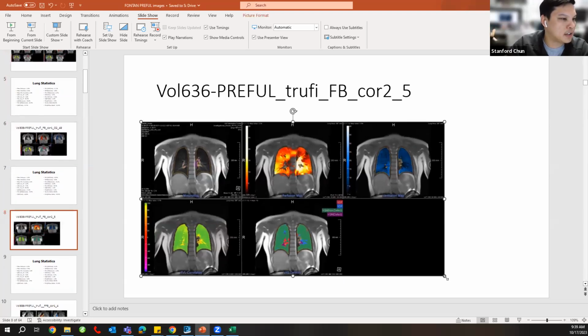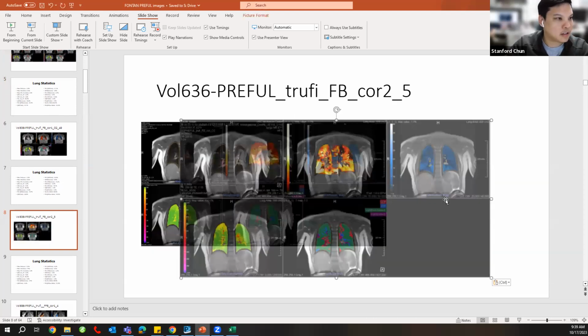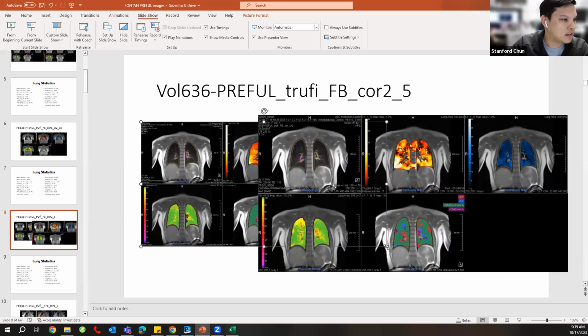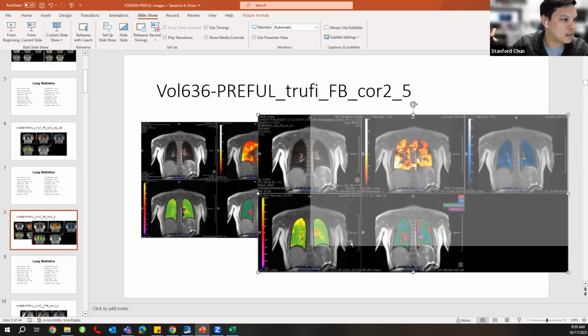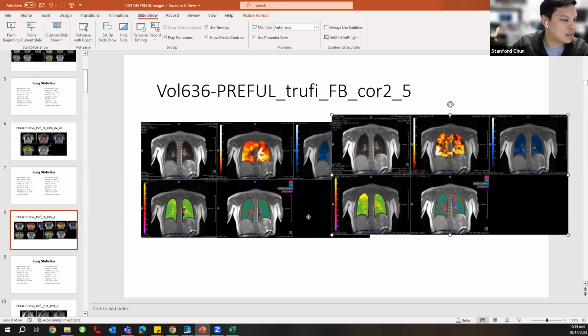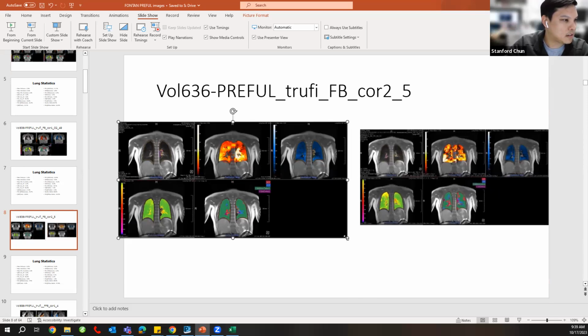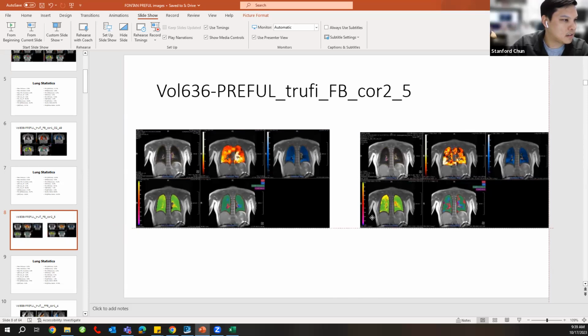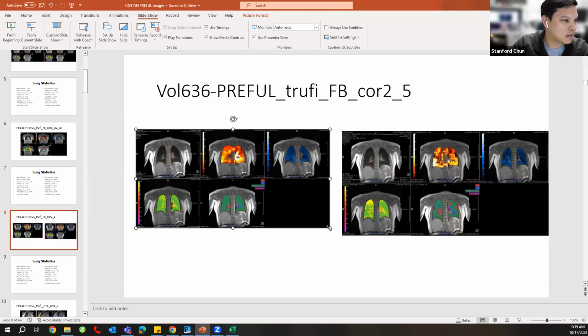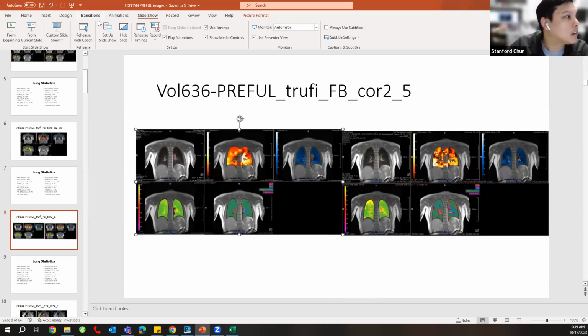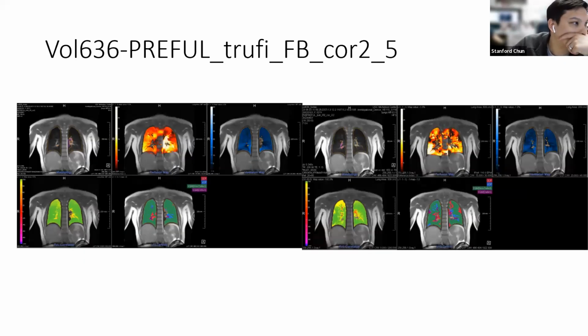This is before oxygen, and then this is O2, which is kind of the opposite.